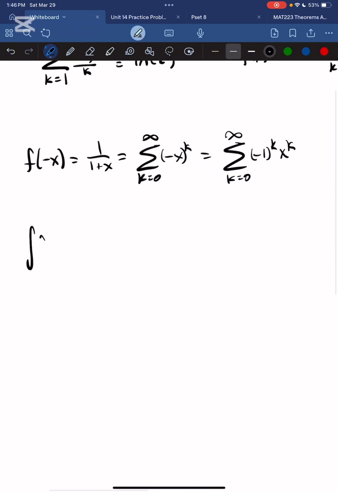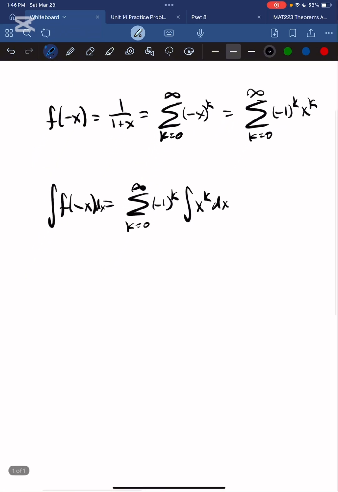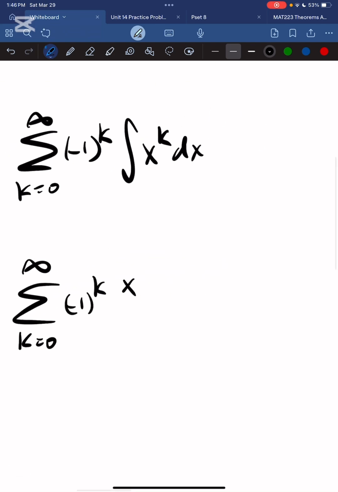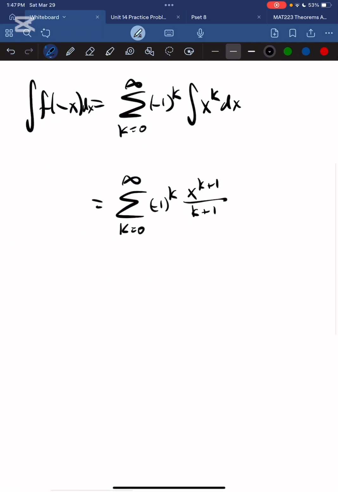Let's say the integral of f of negative x is equal to the integral of this, right? Which is equal to this. This would be x to the k plus 1 over k plus 1, right?